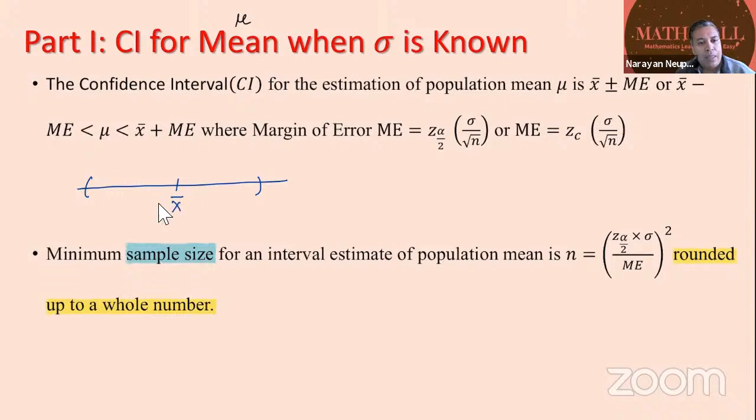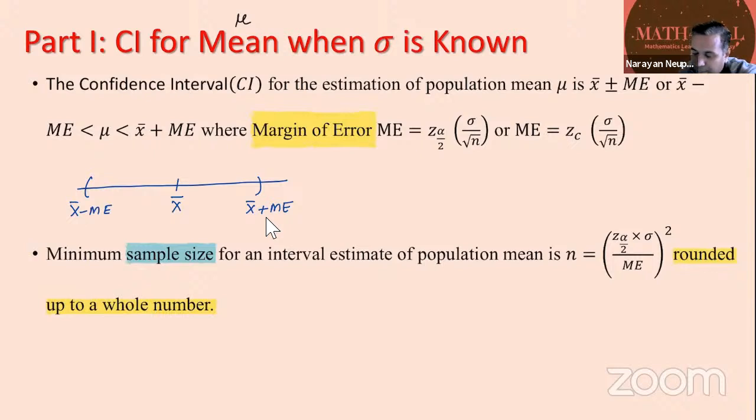What I am adding and subtracting here is ME, or the margin of error. So in order to find the confidence interval, at a given confidence level, I need the margin of error.